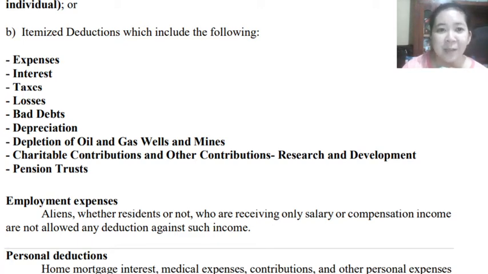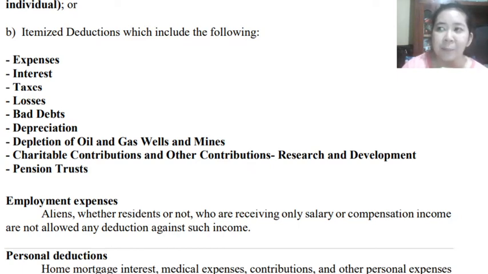Depreciation: actually, in taxation, what they allow is only cash expenses. Since depreciation is a non-cash item, most likely this is not part of the allowable deductions.